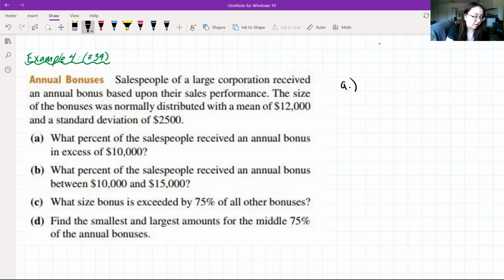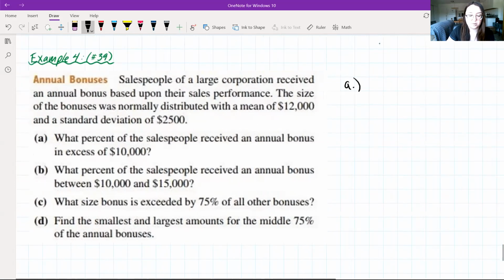I'm going to write part A on the side here. We want what percent of the salespeople received an annual bonus in excess of $10,000. Well, in excess of $10,000 means we want more than $10,000.